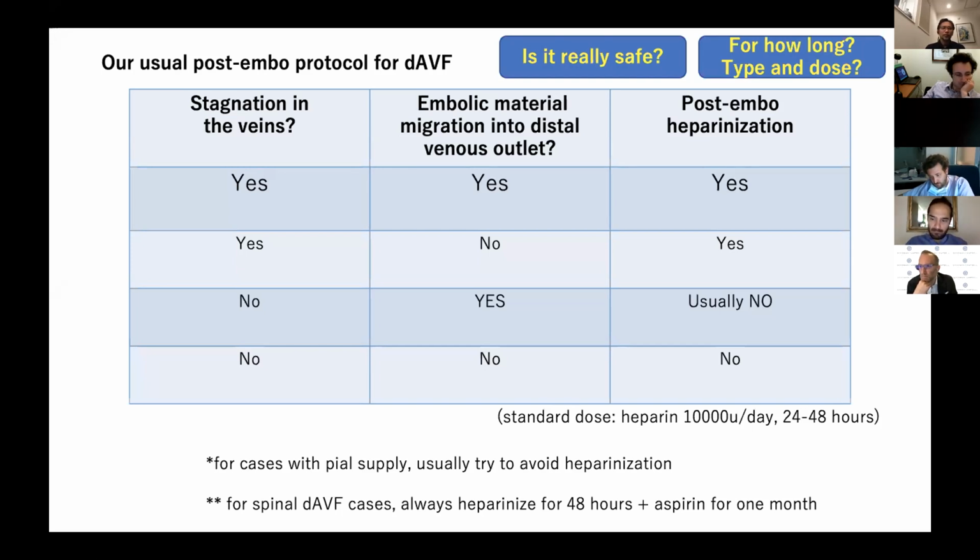Okay, there's some questions. Any place for direct puncture of the MMA in this case after small craniotomy? We did, more than 10 years ago, direct puncture of the sinus using small craniotomy. But we have been doing great with the new embolic materials.